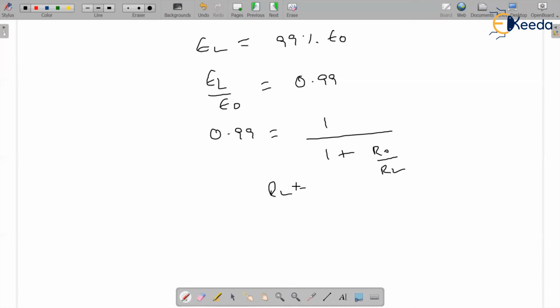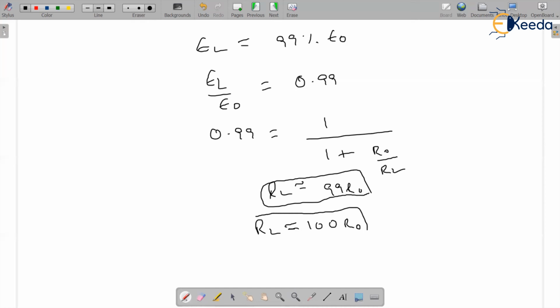So RL is equal to 99 R naught, so RL is approximately 100 R naught.